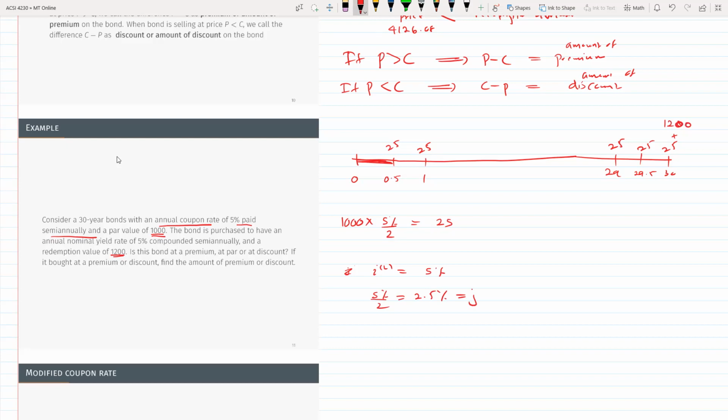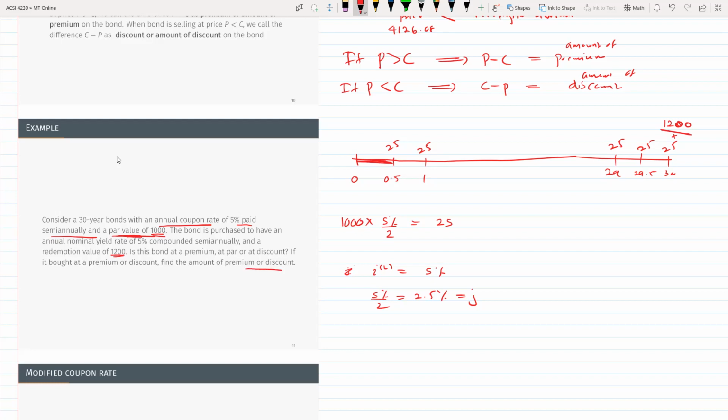By the way, this one says par value, not a par value bond. Par value means the face value. If it is a par value bond, then the face value and redemption are going to be the same. So it's just par value, not a par value bond. That's why you have a different redemption amount. Is this a bond at a premium, at par, or at a discount? If it is bought at a premium or discount, find the amount of premium or discount.